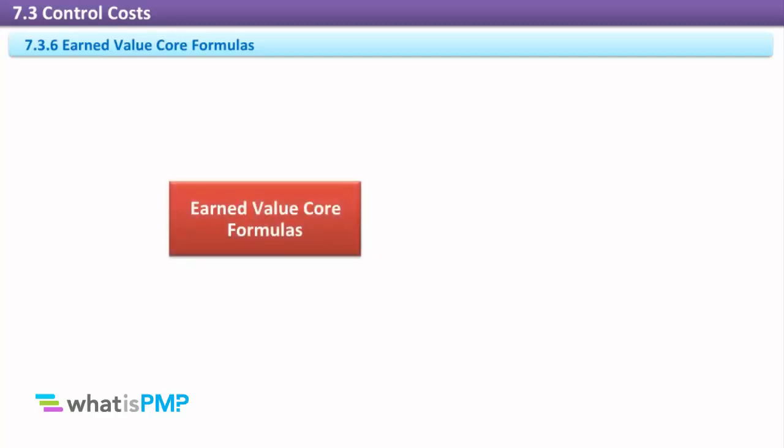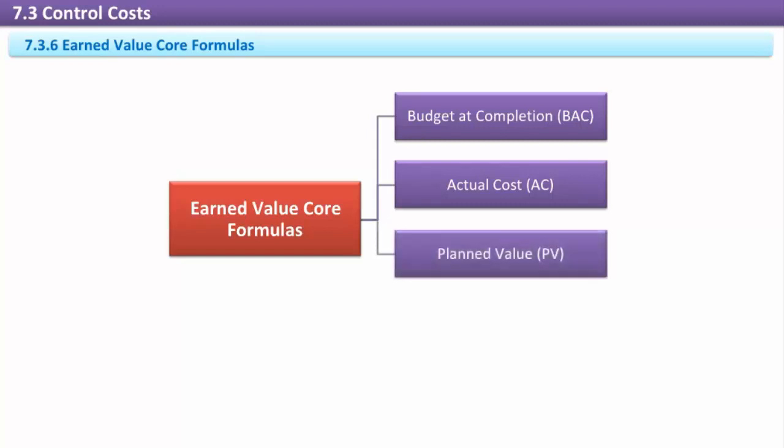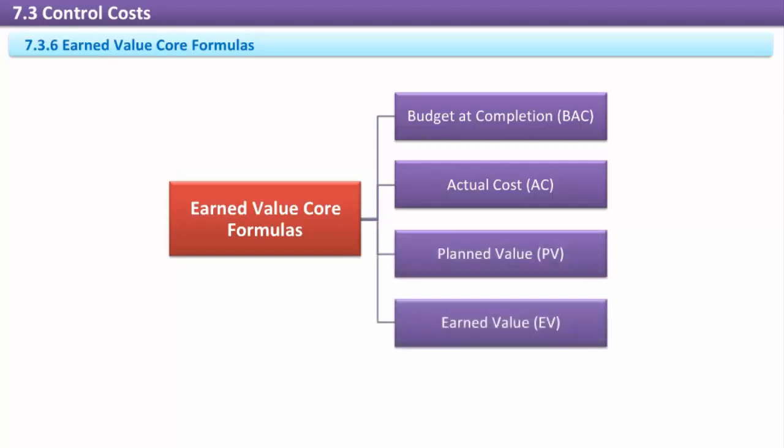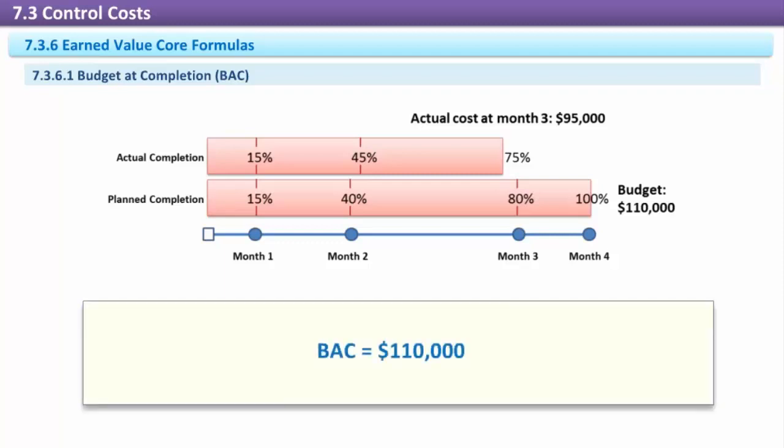Earned value core formulas. The earned value core formulas are: budget at completion (BAC), actual cost (AC), planned value (PV), and earned value (EV). Budget at completion. The budget at completion, BAC, is simply the total budgeted cost of the project. In our earned value example, the budget at completion is $110,000.